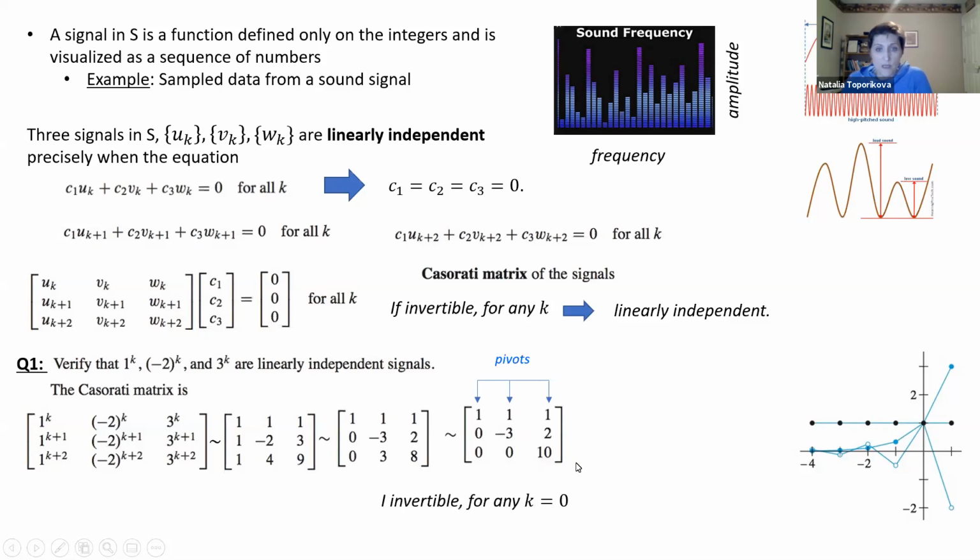That's nice, which means that our matrix is invertible for k equal to 0, and since the matrix is invertible, we can confirm that these three signals are linearly independent. Okay, now I would like you to go to the end of chapter 4.8 and practice a couple more examples of linear independence of signals.